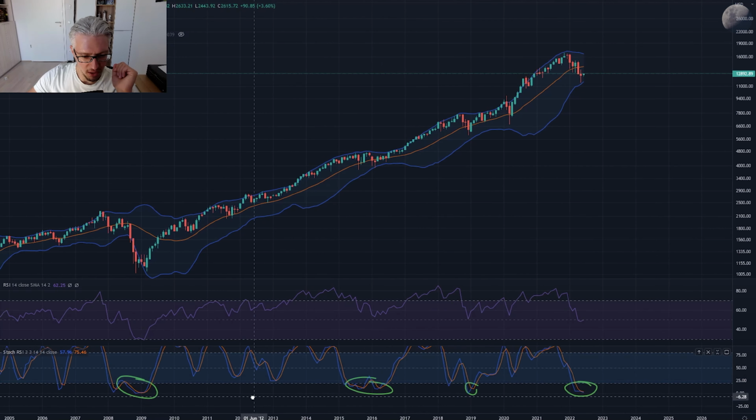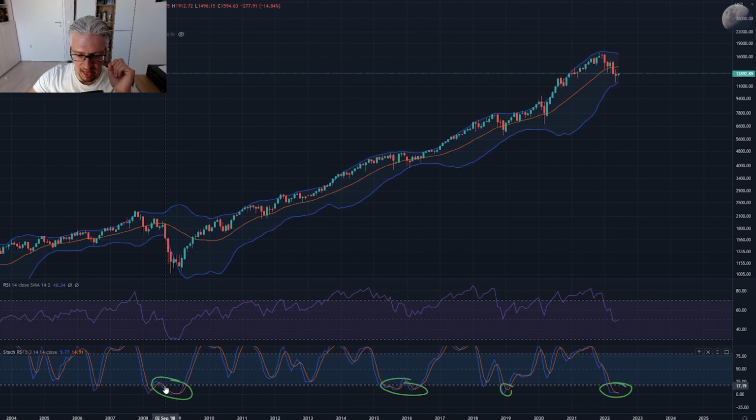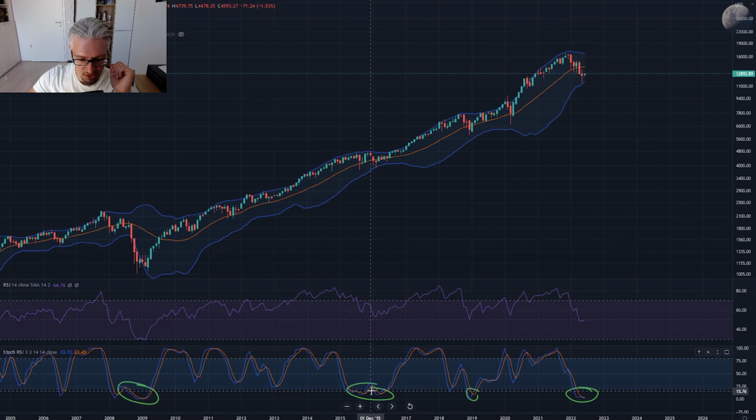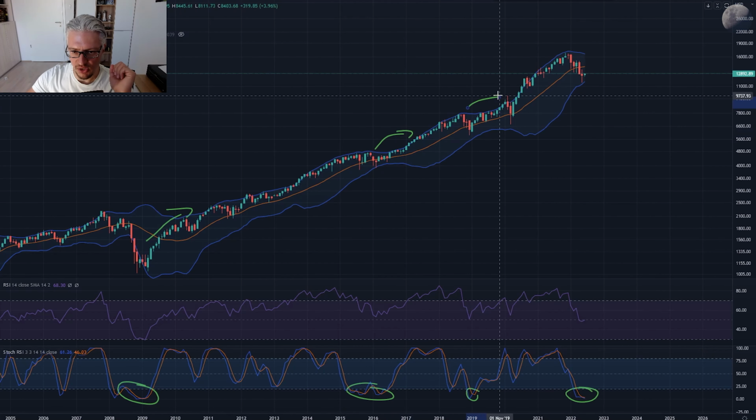Yes, that's right. Only a few times in the last decades has the Nasdaq seen insanely oversold levels in the stochastic RSI on the monthly time frame, friends. Just think about this. And most of the times we see that we got insane bounces afterwards, insane rallies ensued.